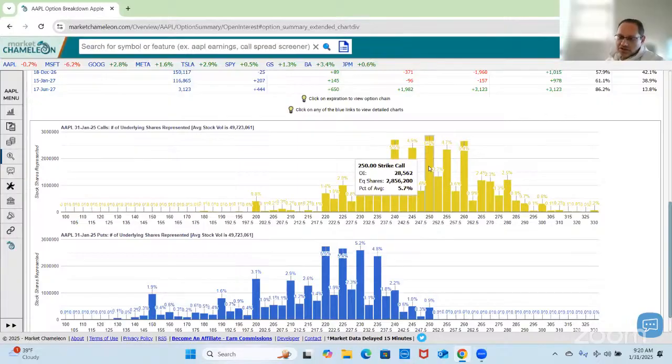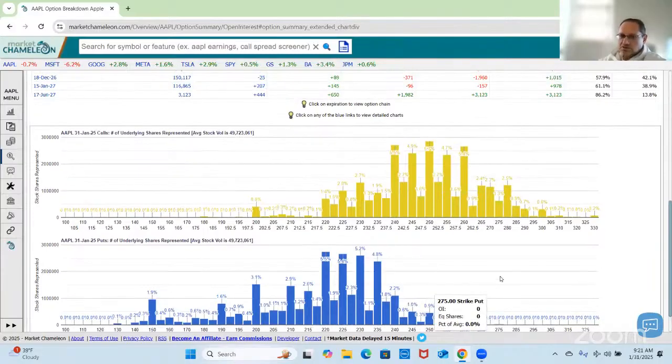Because these options, at the end of the day, will either be in the money and converted to stock at expiration, or they'll be out of the money and worthless. So that's one way to keep an eye on that analysis.